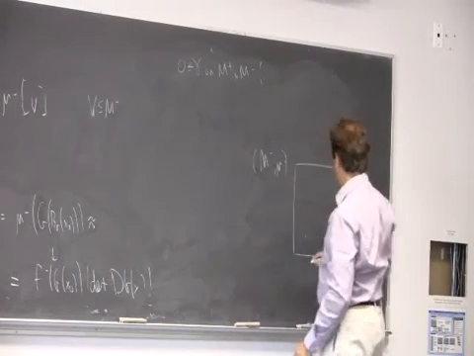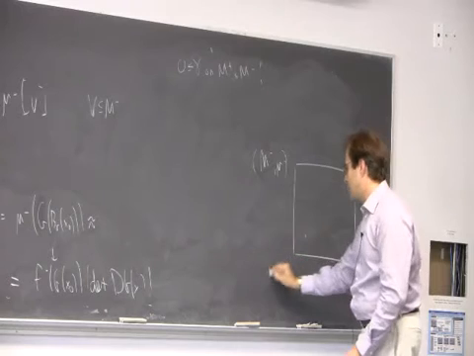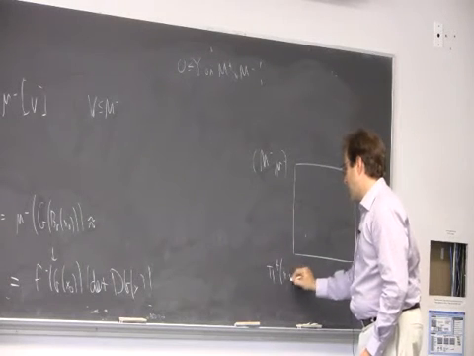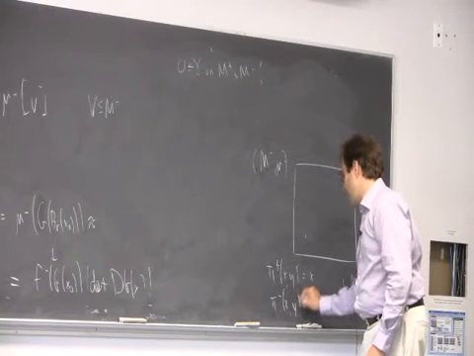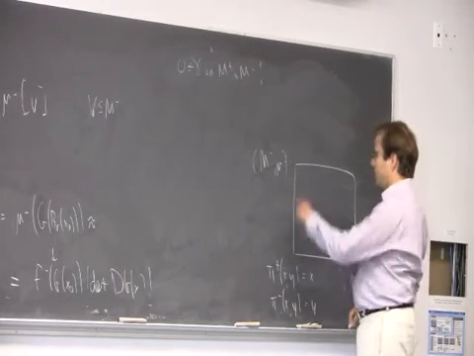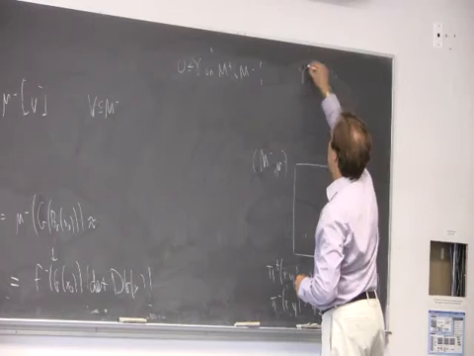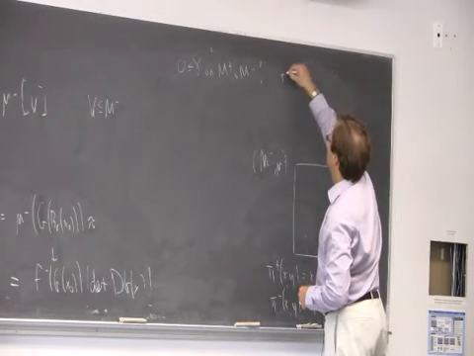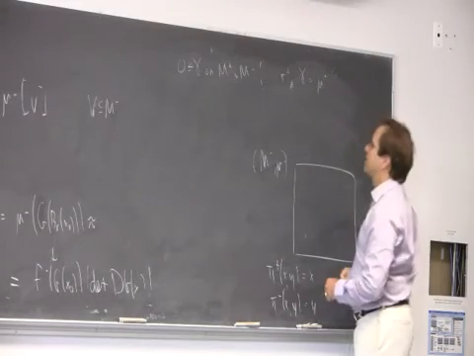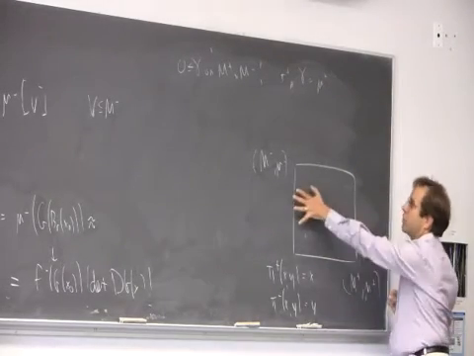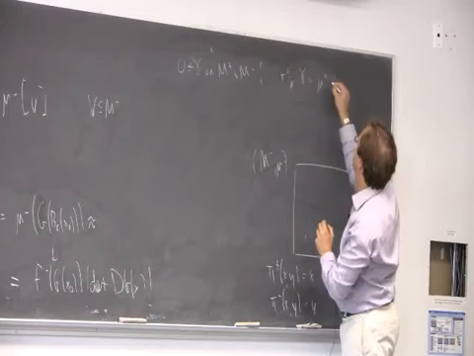So if I define the horizontal and vertical projections to be pi plus of xy is x, and pi minus of xy is y, what I'm asking for is the image of gamma under the vertical projection to be equal to mu plus. And similarly, the image of gamma under the horizontal projection should be equal to mu minus.